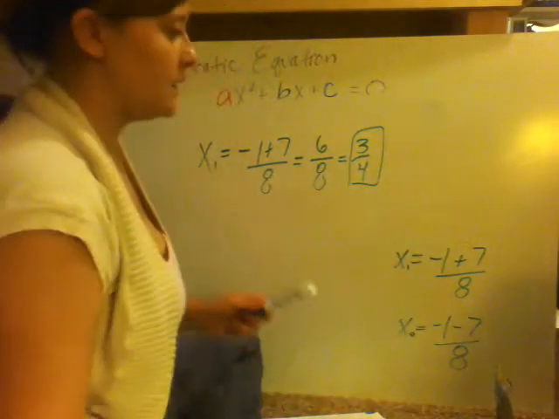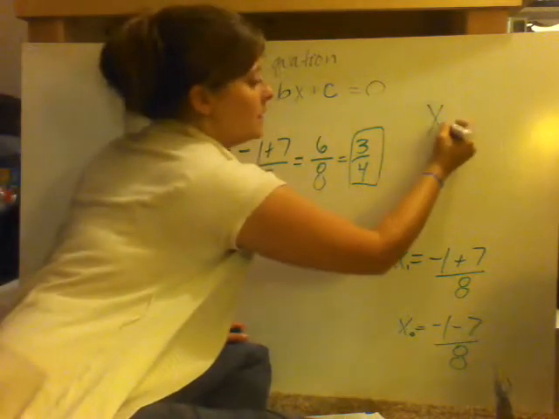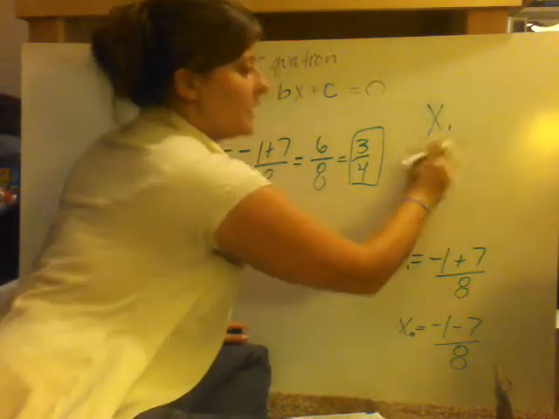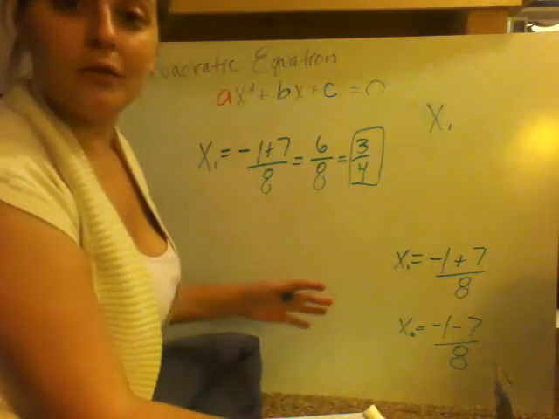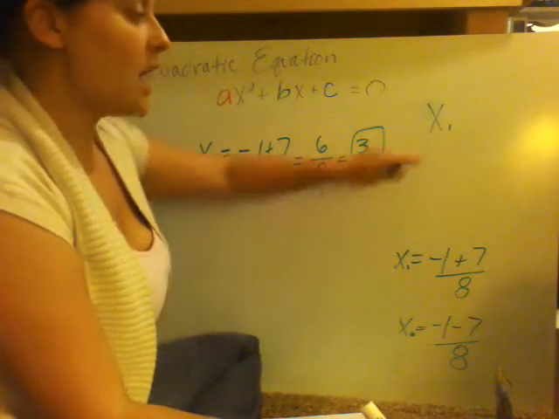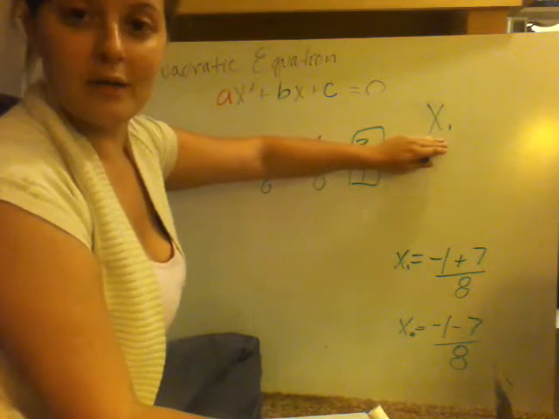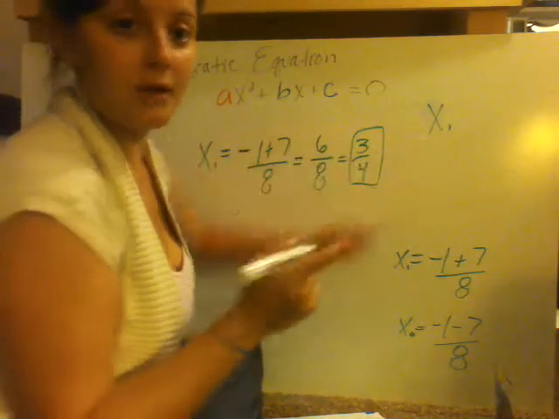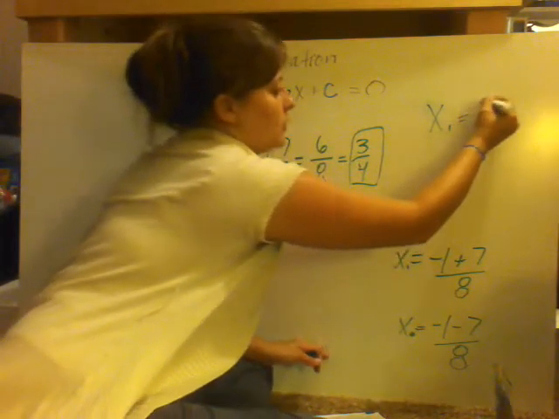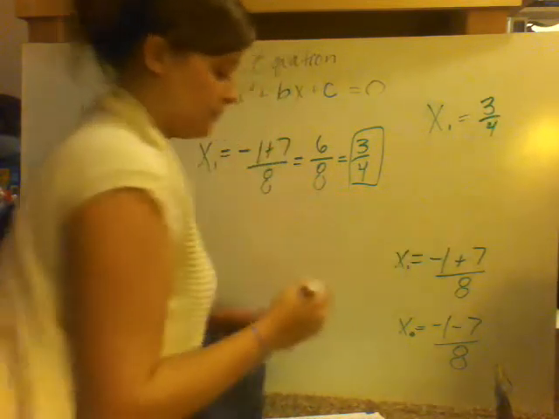So over here on the side, I can write x number 1, and again, this is x number 1. This isn't like x to the first power or x to the squared or anything else. I'm making sure that everybody knows that this is my first value for x. So x1 is equal to 3/4.